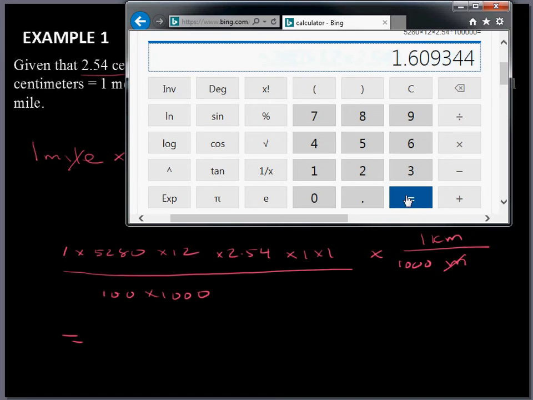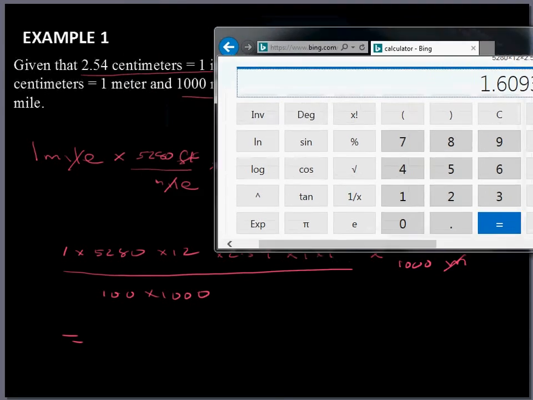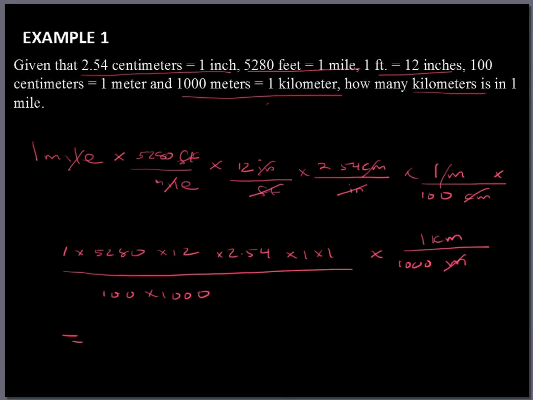And that gives us 1.60, something like that. So 1.601 or 1.61. So that comes back here and says it's about 1.61 kilometers. So that means 1 mile is equal to 1.61 kilometers.